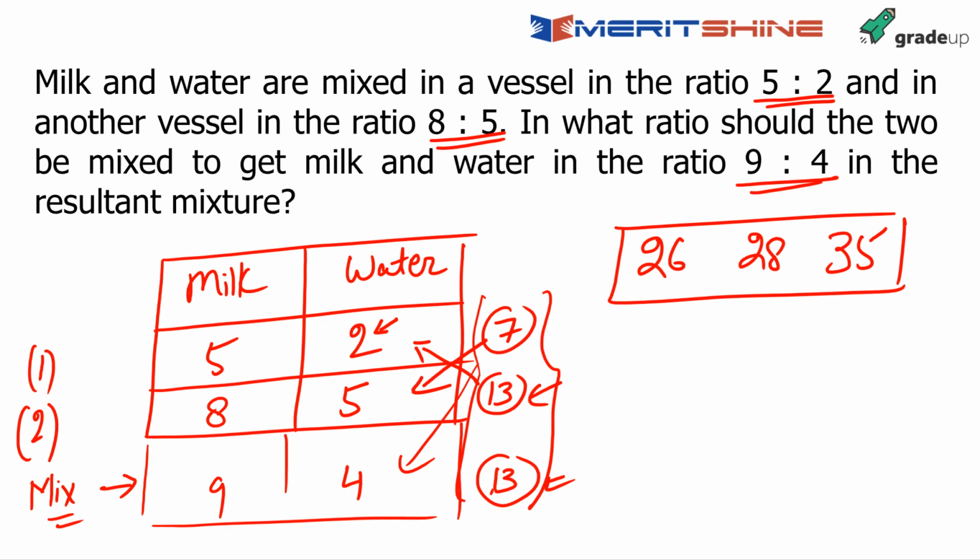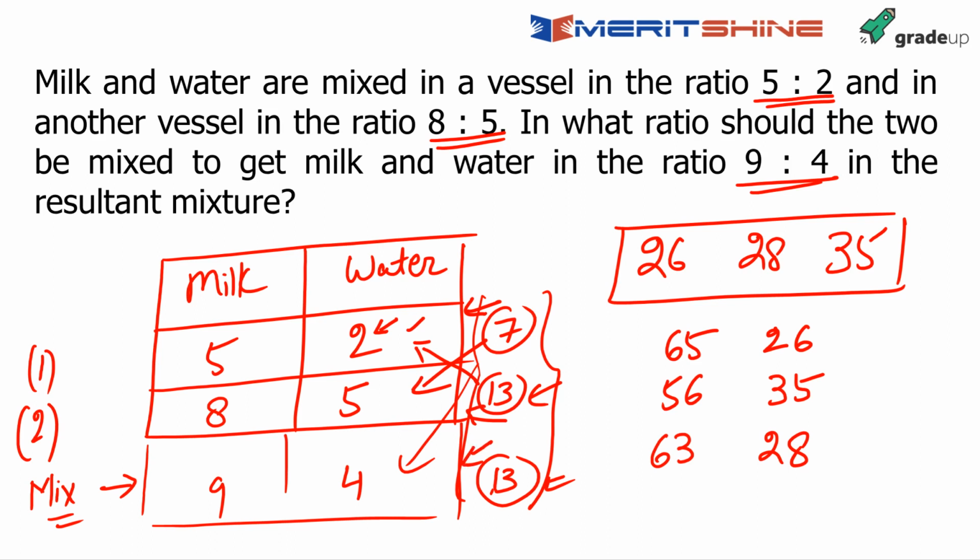Alright, I have to do it in the reverse manner. 13 into 5 is 65. 13 into 2, this 2 here would be 26. 7 into 8 is 56. 7 into 5 is 35. 7 into 9 would be 63, and 7 into 4 would be 28. Fine. What I have done is I have multiplied this 7 here, 13 here, and this 13 here.